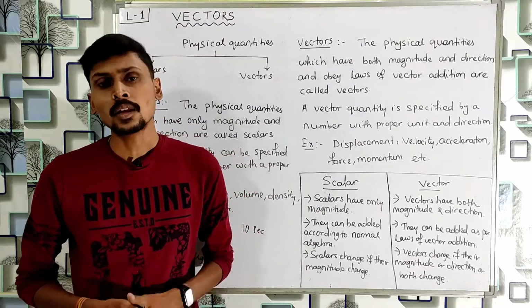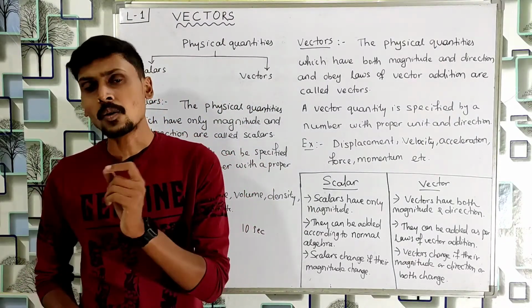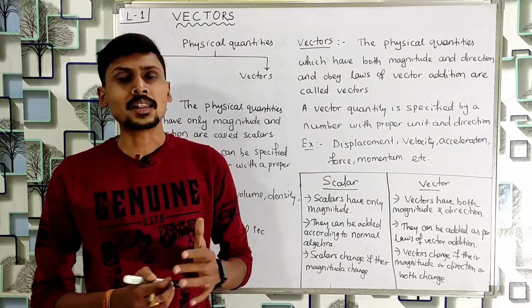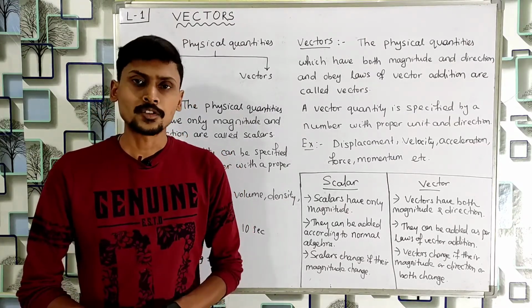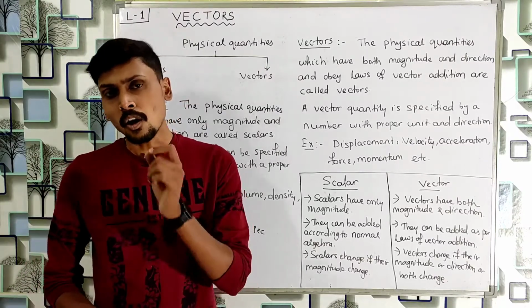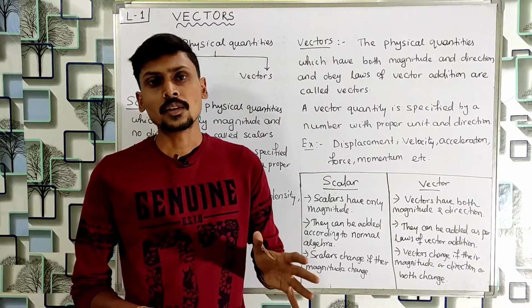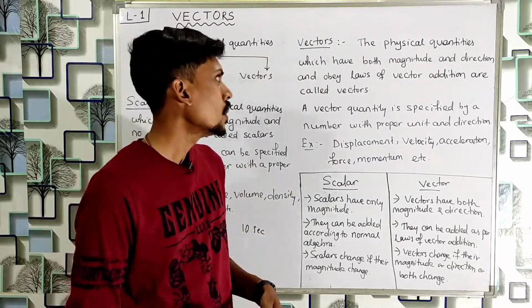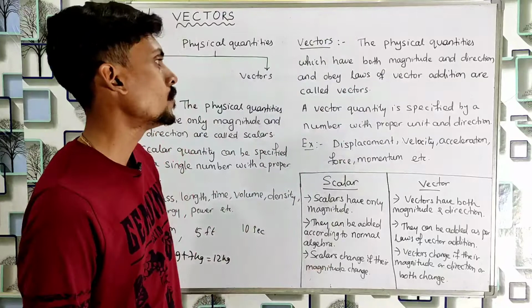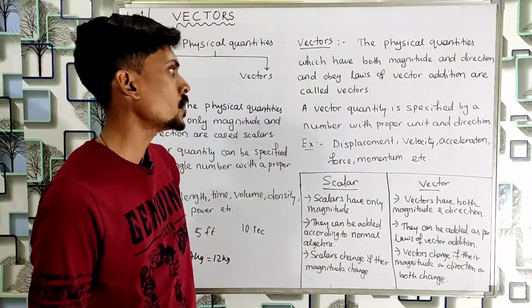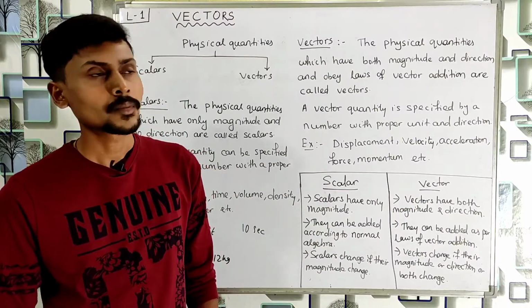We'll discuss that in the upcoming classes. But for now, remember that vectors cannot be added like scalars or like normal numbers. We must use vector algebra or laws of vector addition to add different vectors. So the physical quantities which have both magnitude and direction and obey the laws of vector addition are called vectors.